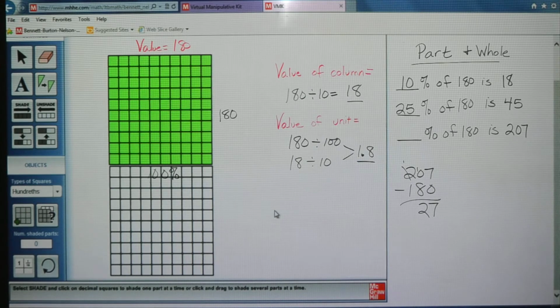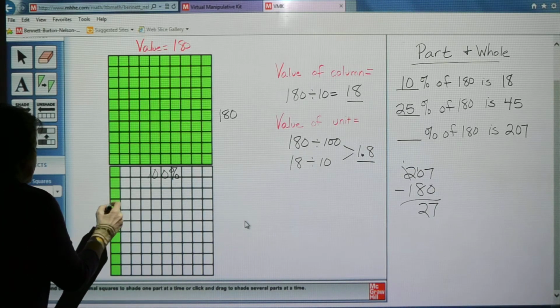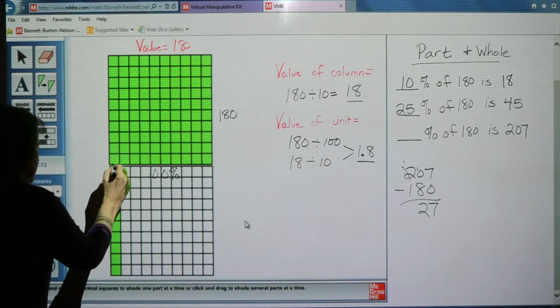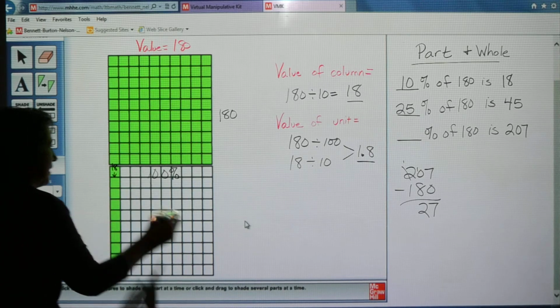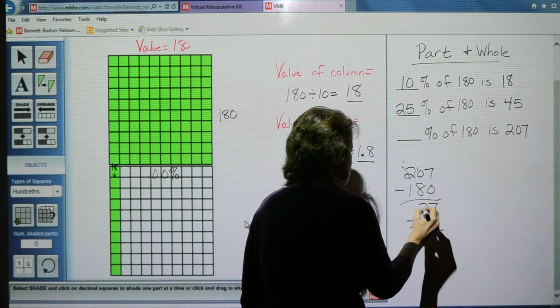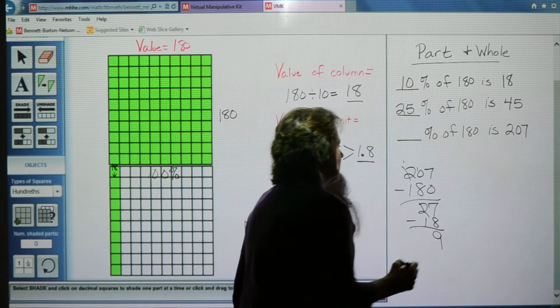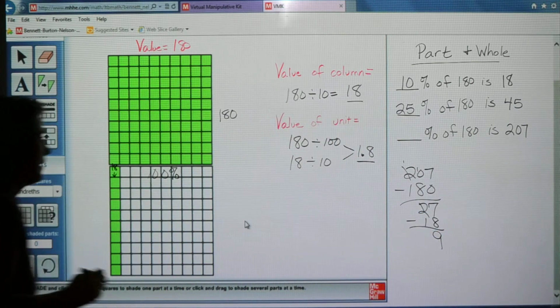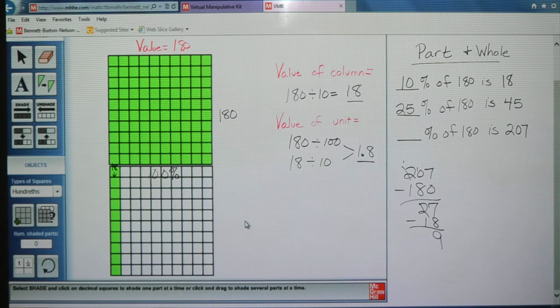All right, can I color one whole column? Yes, that's only 18, so I can color a column. Okay. Now I've got 18 here. All right, so I've used up 18 more. I'm going to subtract it, which is going to give me 9 left. And we kind of already figured out what 9 was.